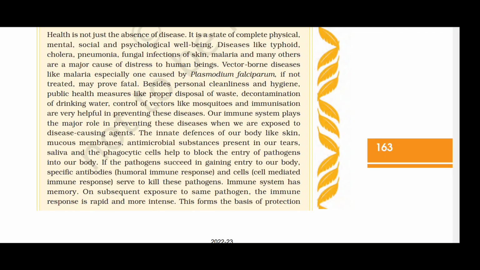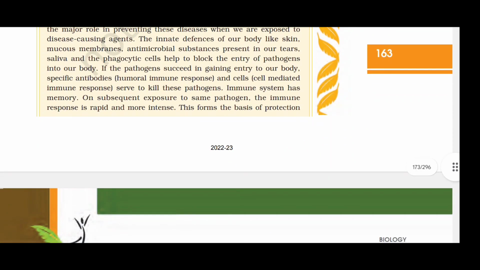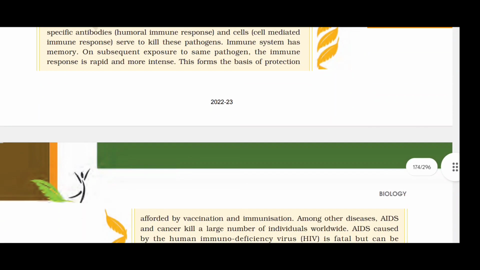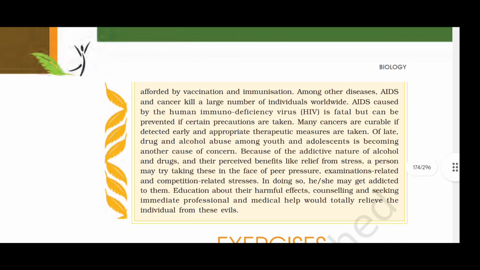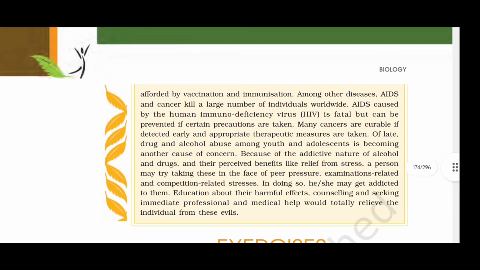If the pathogens succeed in gaining entry to our body, specific antibodies or humoral immune response and cell-mediated immune response serve to kill these pathogens. Immune system has memory. On subsequent exposure to some pathogen, the immune response is rapid and more intense. This forms the basis of protection afforded by vaccination and immunization.